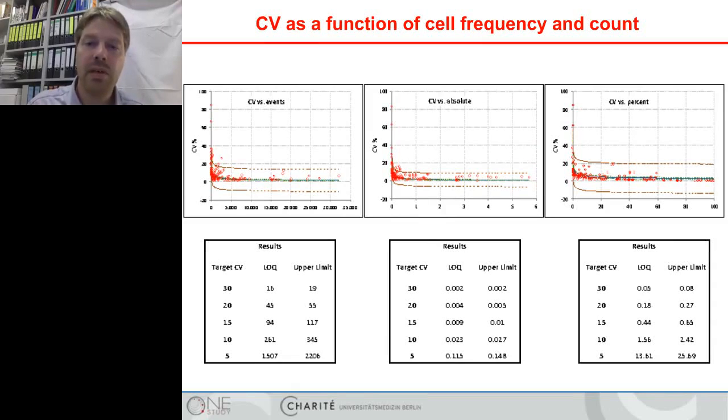Therefore, we define such precision profiles. We plotted the observed CVs for each population in the intra-assay test in the right column here, versus the relative size of the population in the left column, versus the absolute counted events for each population, and in the middle column the calculated absolute value.